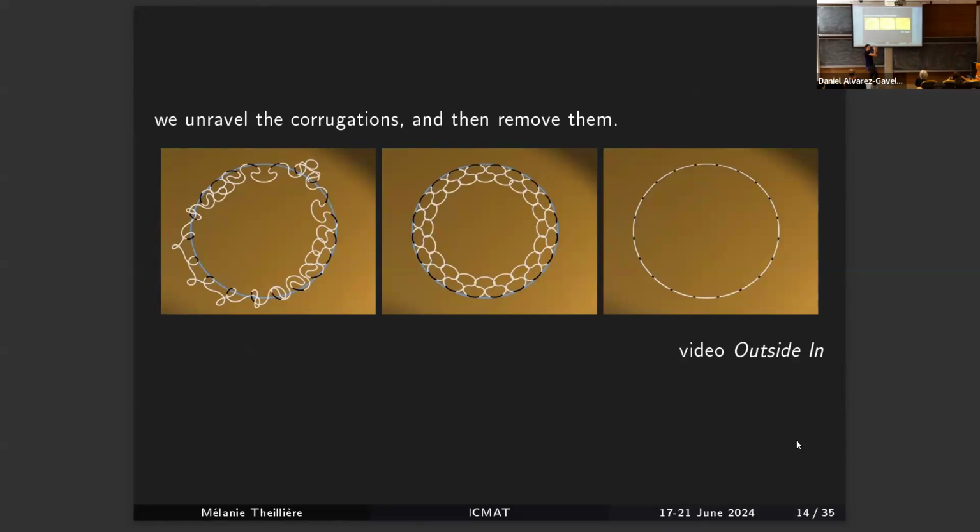So you have to put the corrugation in the good direction, because when you remove regularity, when you retract the arc of cycle, you have to be sure to not cross 0. So you have to be in the good direction before removing the corrugation.